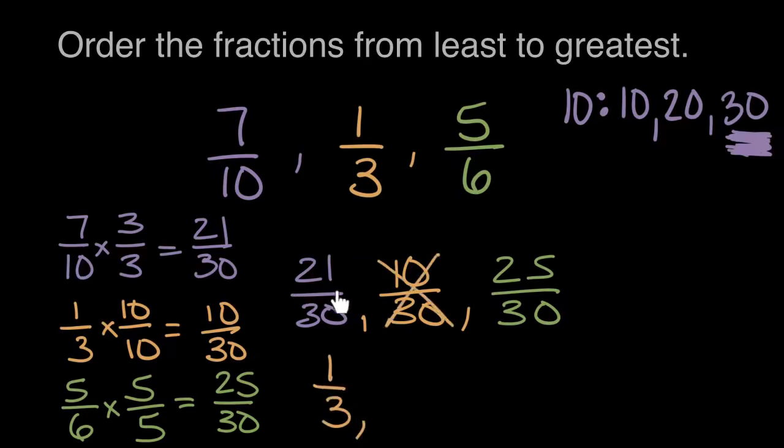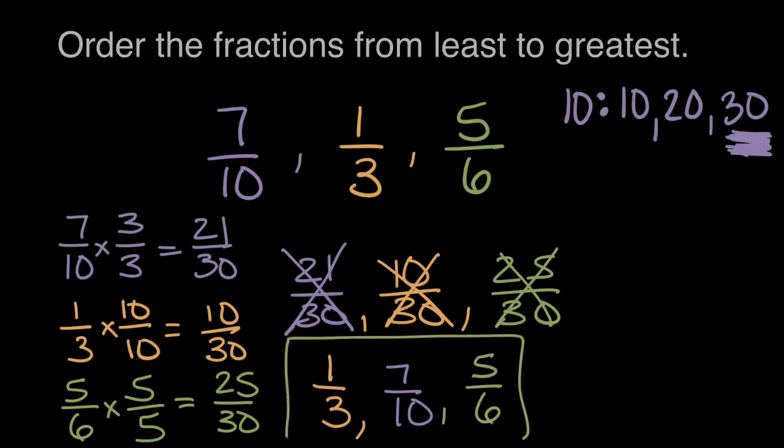Next, it's either 21 out of 30 or 25. 21 is less, and that represented 7/10. So we can say 7/10, because 21/30ths equals 7/10. And finally, that leaves us with 25/30ths, which is equivalent to 5/6. So from least to greatest, our fractions are 1/3, 7/10, and then 5/6.